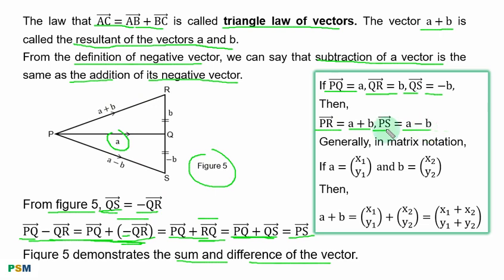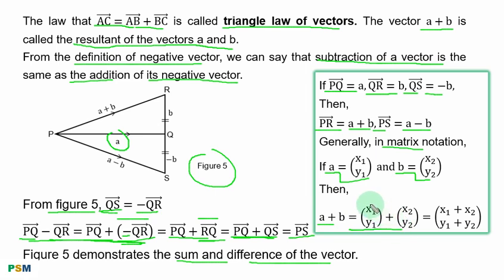Generally, in matrix notation, if vector A is equal to a column matrix, and vector B is equal to another column matrix, vector A plus B is the addition of the two column matrices.